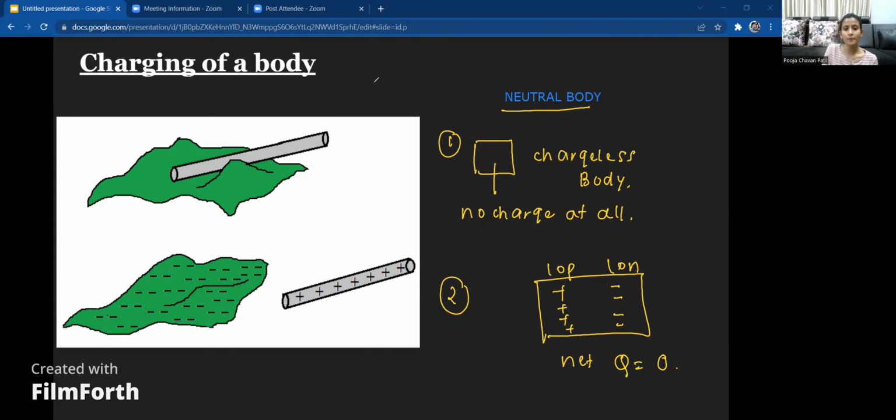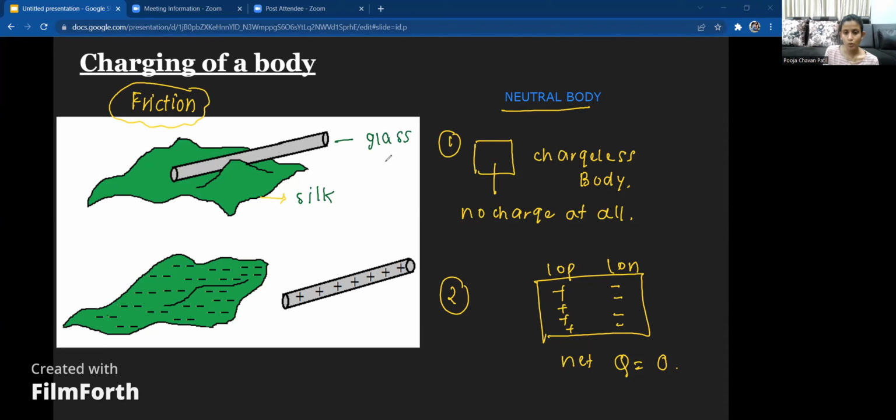We have only one method here in your syllabus. The first one is charging by friction, which means that we take two bodies. Here we have taken a silk material and a glass rod.